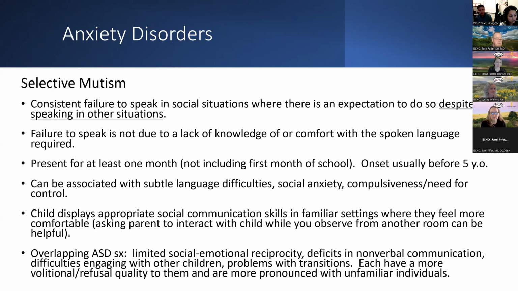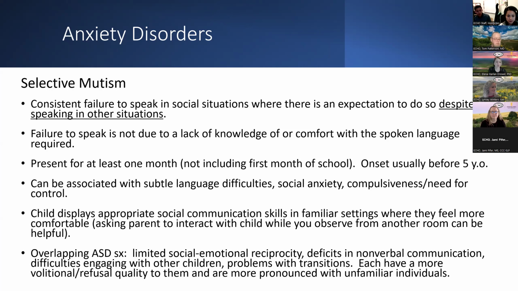So, for example, not necessarily having language impairment, although some kids with language issues can also have selective mutism, or it's not due to a discomfort with the spoken language, for example, if they're an ESL learner. The symptoms have to be present for at least 1 month, and the onset is usually before 5 years of age. And it can be associated with subtle language difficulties, like I said, as well as social anxiety, compulsiveness, and need for control. So these are other kinds of anxiety symptoms that we sometimes see.